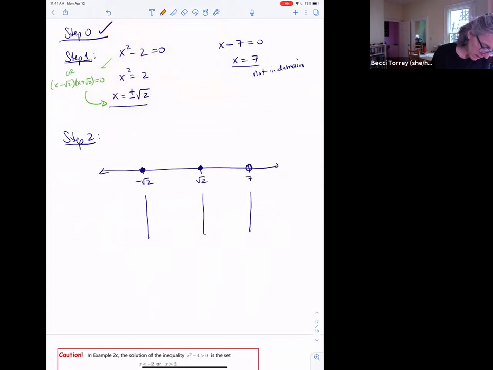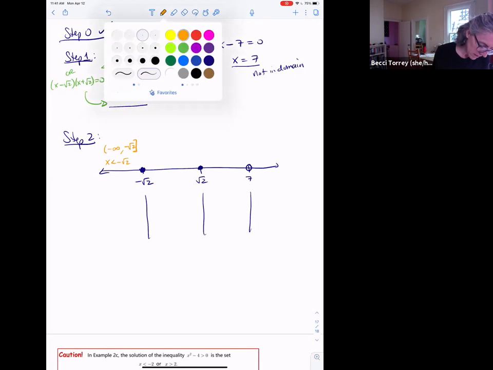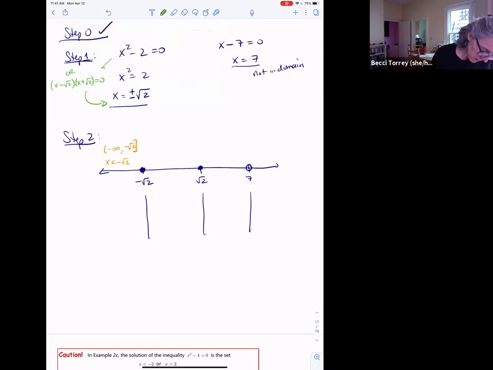And then we have 4 regions again. So we have x is less than minus square root of 2, or in interval notation, minus infinity to minus square root of 2. If you want, you can go ahead and use the bracket sign, because we've already recognized that minus square root of 2 is going to give us a solution.